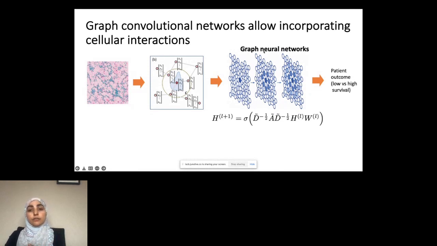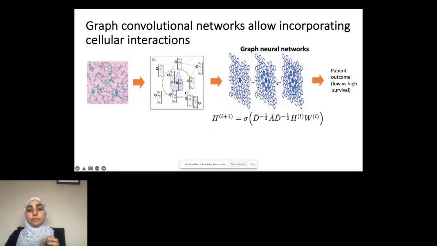How the graph neural network works is we have multiple layers, and we can pass the whole network, so the whole tumor information, in this connected graph. It starts by considering the state of the cell itself. We start with H, and then update the state of each cell based on its neighbors.